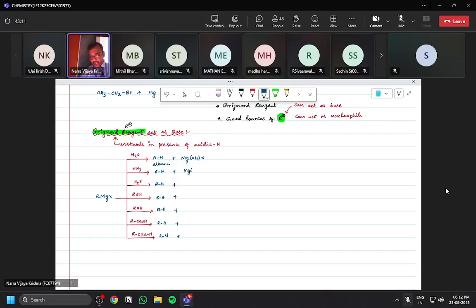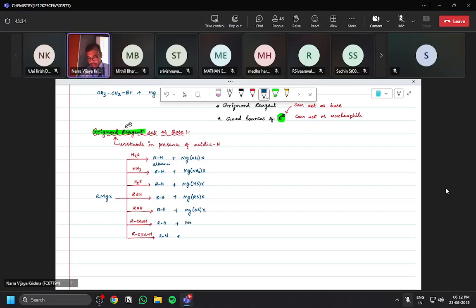Mg, NH2X. Mg, HSX, correct? Mg, RSX, correct or not? Here, Mg, ORX.